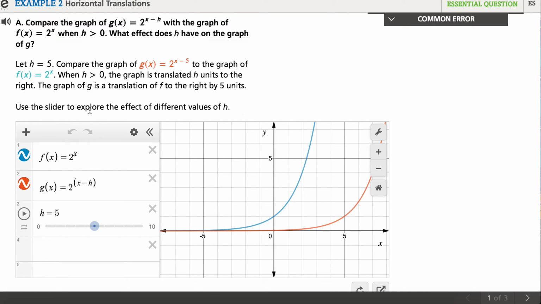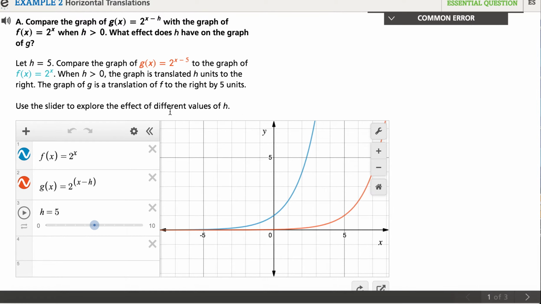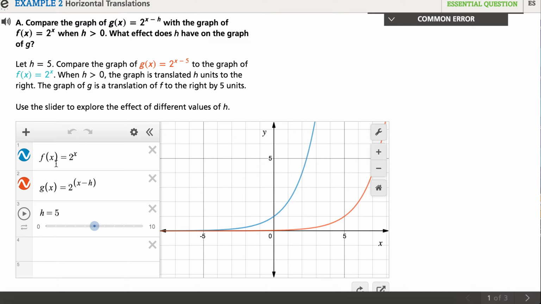Now, use the slider to explore the effect of different values of h. So, h is equal to 5. I'm going to move the mouse here, and you're going to see how this is affected. As you see here, let me stop at 3. Do you see how it's narrowing down now?